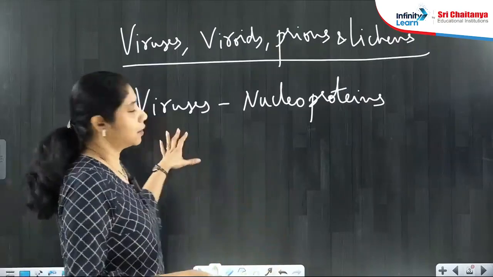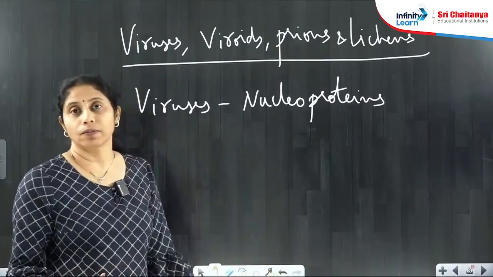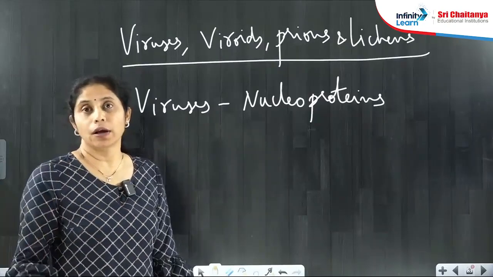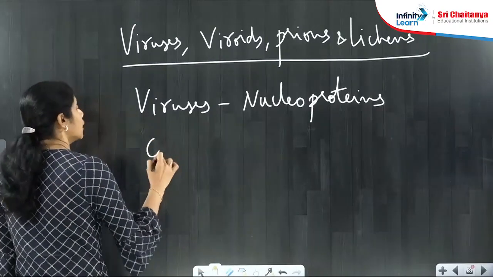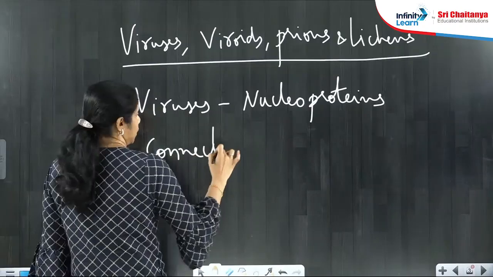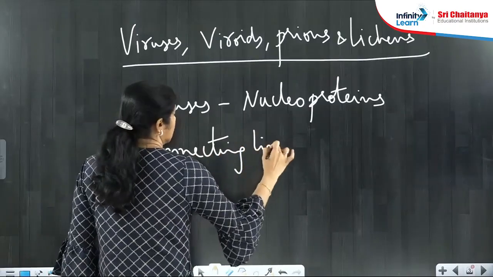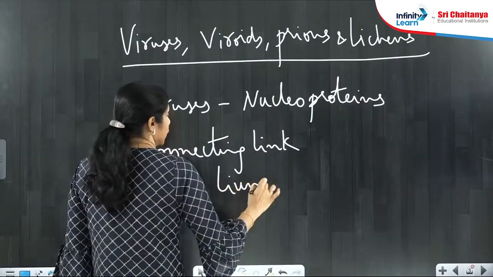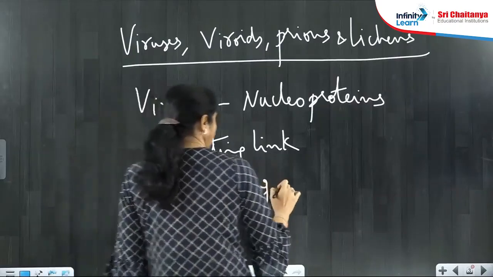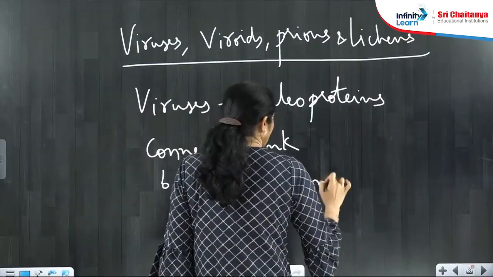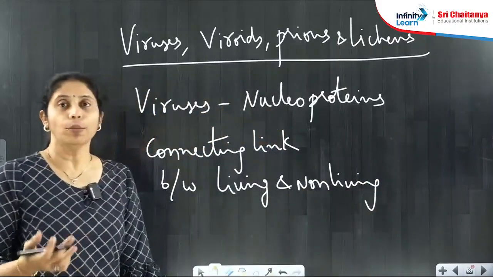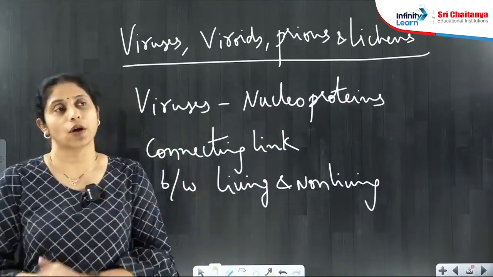So, can you consider this as living or non-living? Because it shows both the properties of living and non-living. These are called connecting link between living and non-living organisms. Viruses will show both the properties of living as well as non-living.